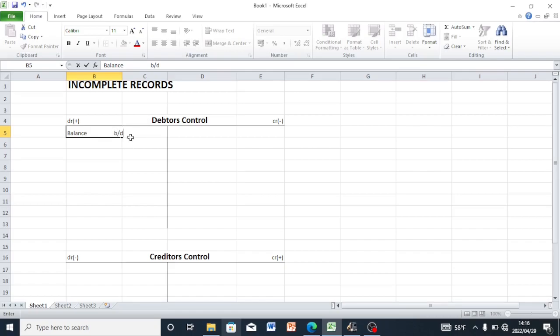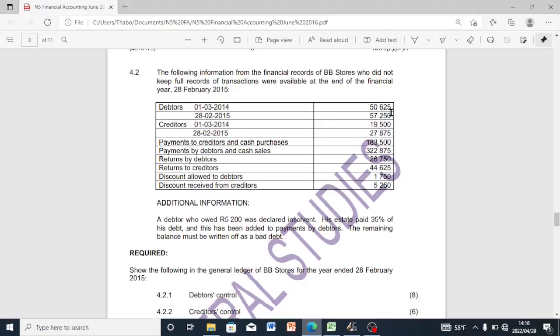Our balance brought down is 50,625, because as you can see here, it's our debtors.